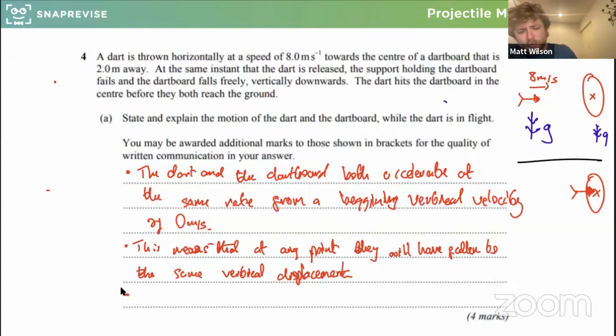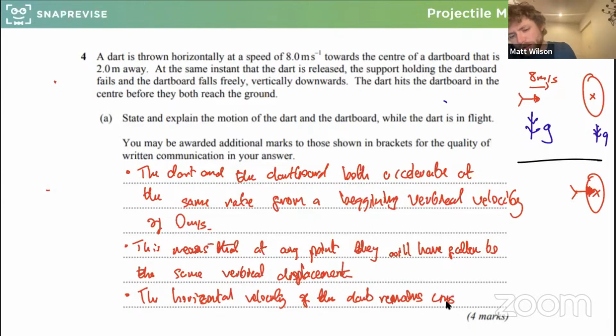And maybe I should just do one more thing. I should mention the horizontal motion. The horizontal velocity of the dart remains constant since, I have to explain this as well, the only acceleration is downwards.